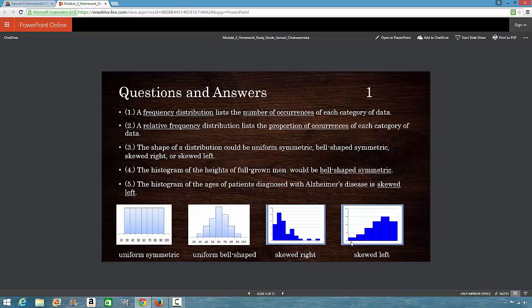So this is like young ages, and this is older ages. As people get older, there is a high probability in older adults. You don't usually see that in young kids. So because of that, we say it is skewed left.